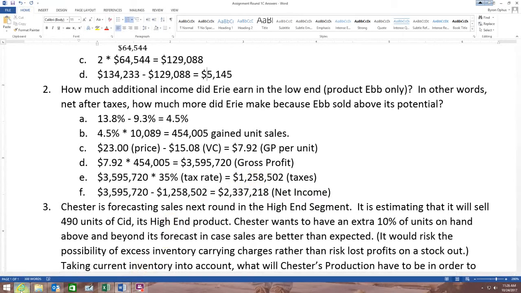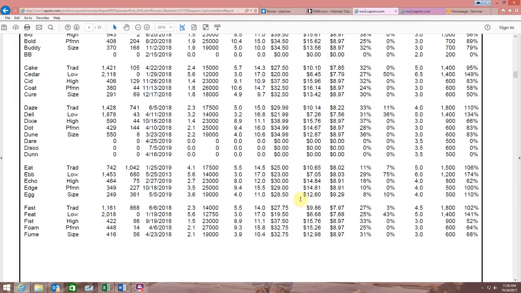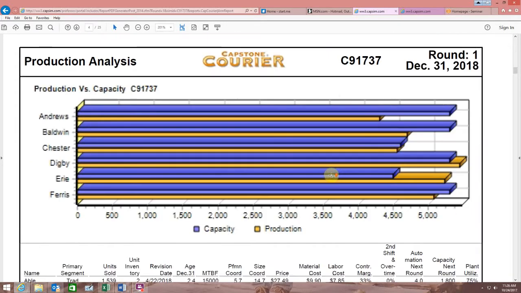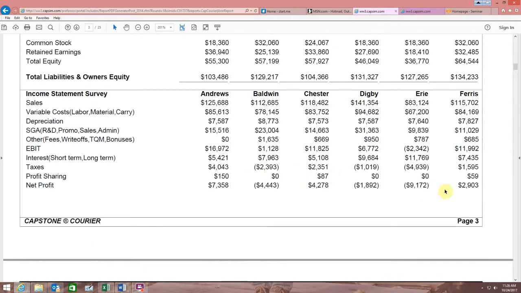The other way you can calculate the tax rate, which is what I did, is I went to any one of the teams, a little easier when they have positive taxes. So I took, let's say, Team Ferris, and their taxes were $1.595 million, but their earnings before taxes would be the 11.992 minus our interest, right?